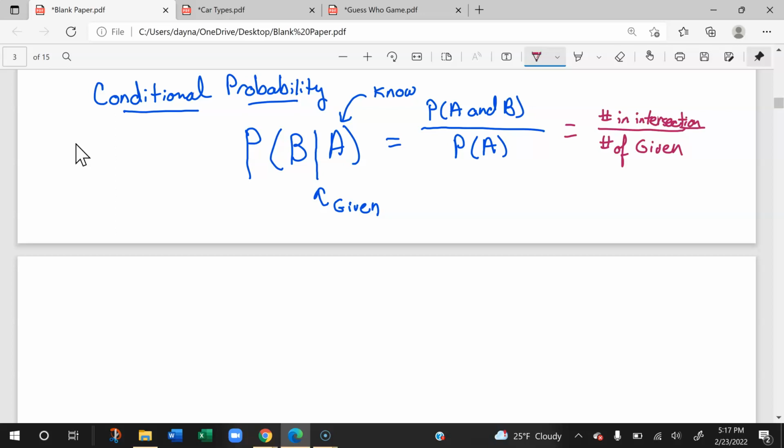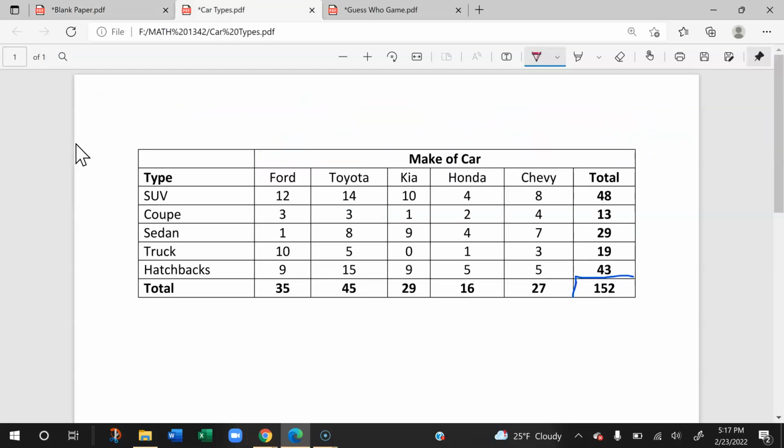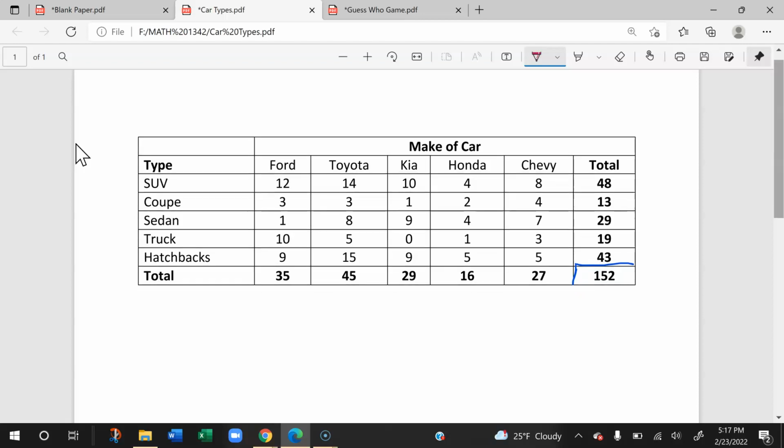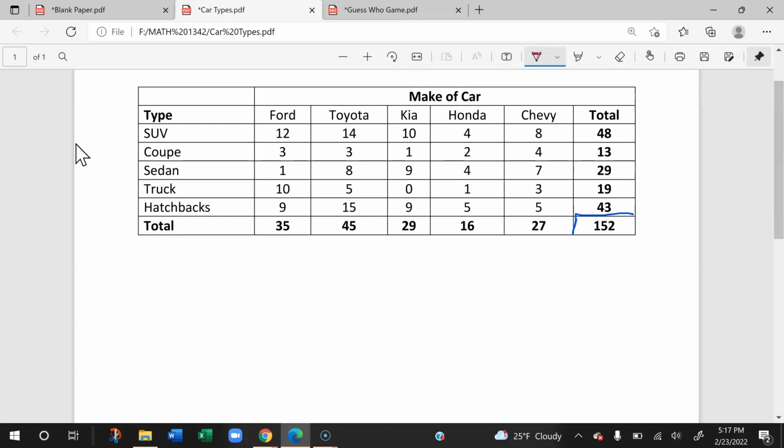Let's look at an example, and I'm going to start with the car types because you can really see it in the contingency tables. First, let's look at just the probability of a Toyota and a sedan.